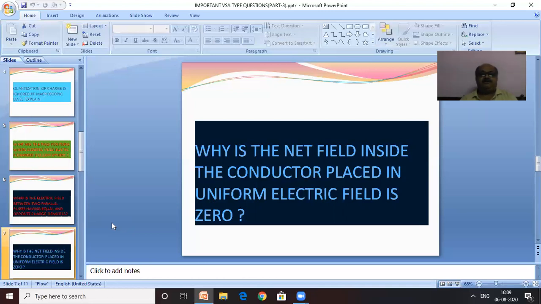And due to polarization, electric field is induced inside the conductor whose direction is opposite to the applied field and magnitude is same as applied field. So due to equal magnitudes of applied field and induced field and opposite direction, net field inside the conductor becomes zero.